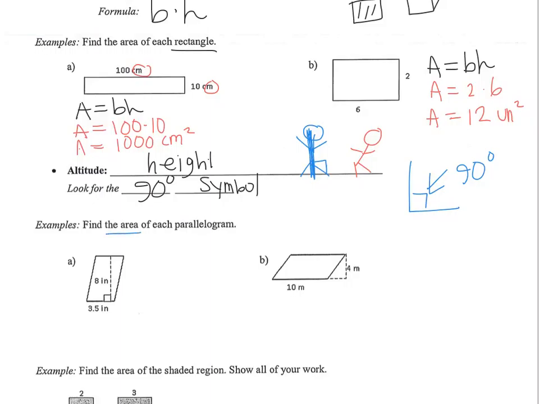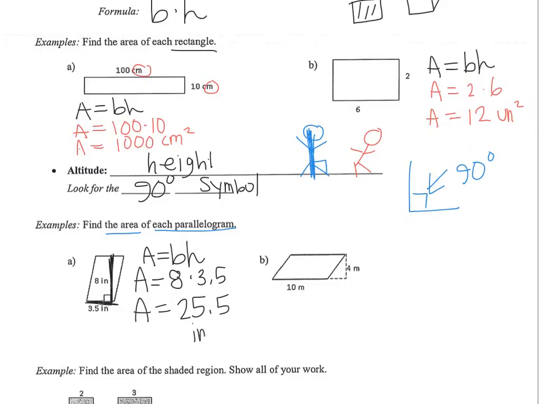So find the area of the parallelogram. So again, we're going to do area equals base times height. So we want to look where these two make a 90. So area equals 8 times 3.5. So area is 8 times 3.5 is 25.5. 25.5 inches squared.